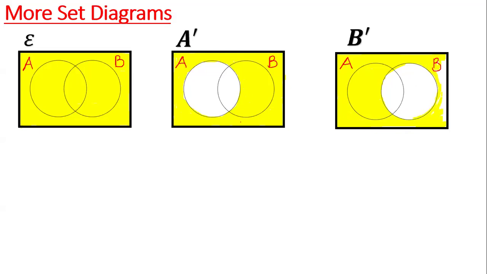B complement means that you do not include any of the elements inside of B. So it's basically the same thing as A complement. Once you understand A complement, you can understand B complement, right?